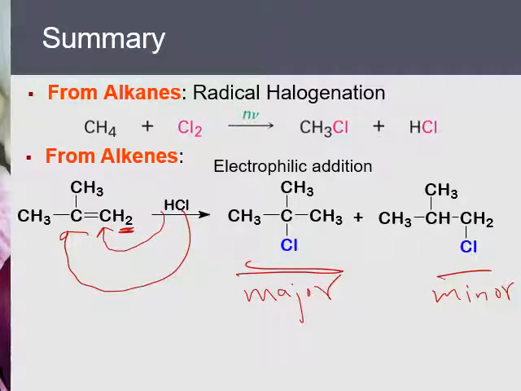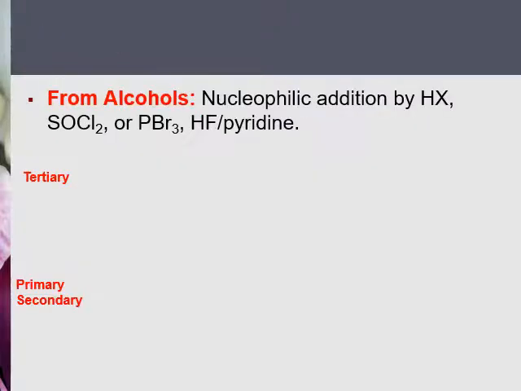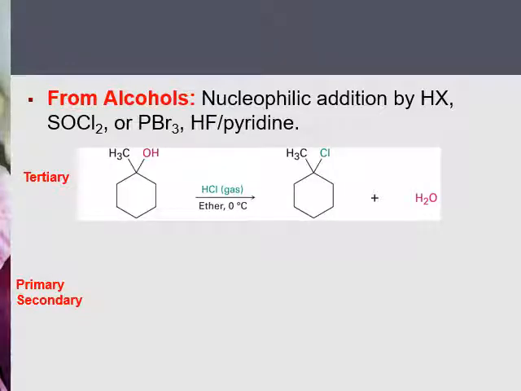Again, the textbook also has NBS allylic reaction, but we skip that reaction. Alkyl halide can also be synthesized from alcohols. These undergo nucleophilic substitution. If it's tertiary, we simply add hydrogen chloride. The chlorine will replace hydroxy and form tertiary alkyl halides.